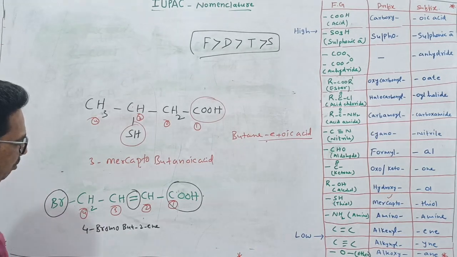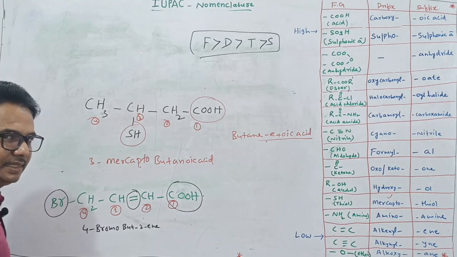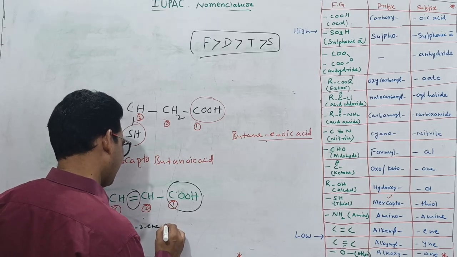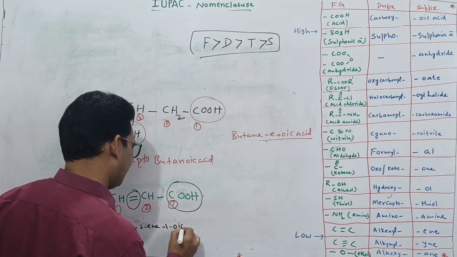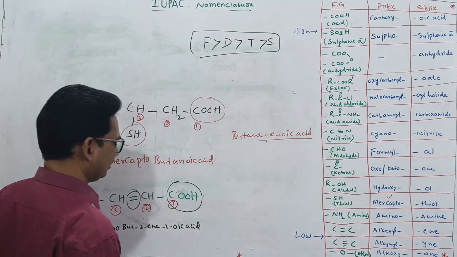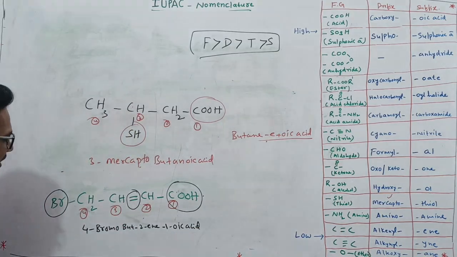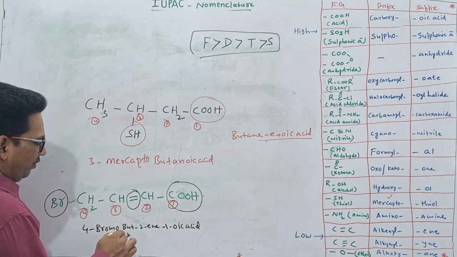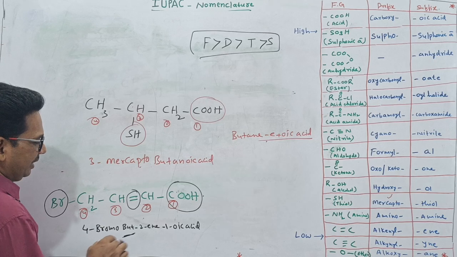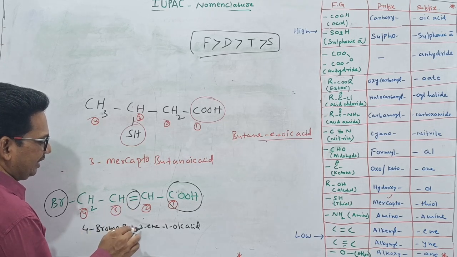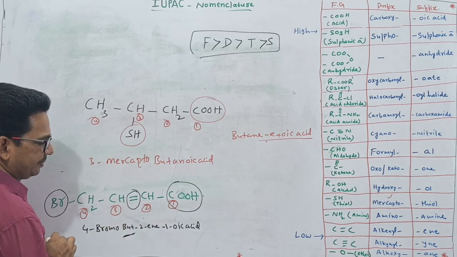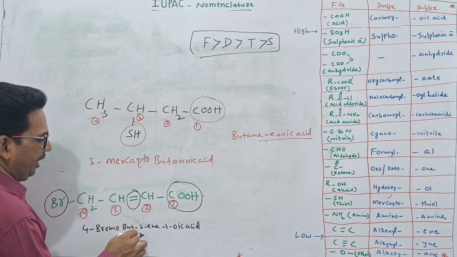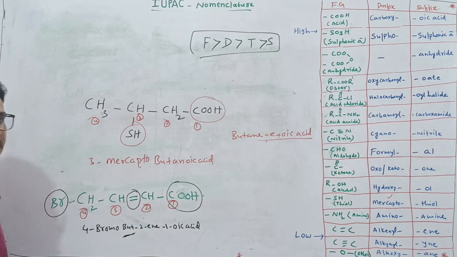Butene, but plus 2-ene, because second position पे double bond है, 2-ene, then 1-oic acid. इसका मतलब क्या है? फोर्थ पोजीशन पे ब्रोमो, then word root is but, then second position ene is there, that's why I wrote 2-ene. ओके. Then 1-oic acid: 4-bromobut-2-en-1-oic acid.